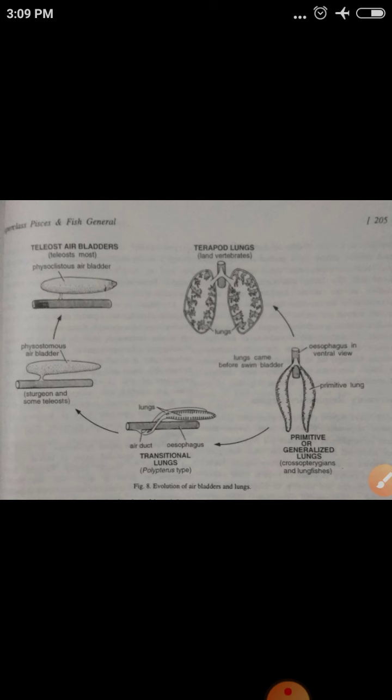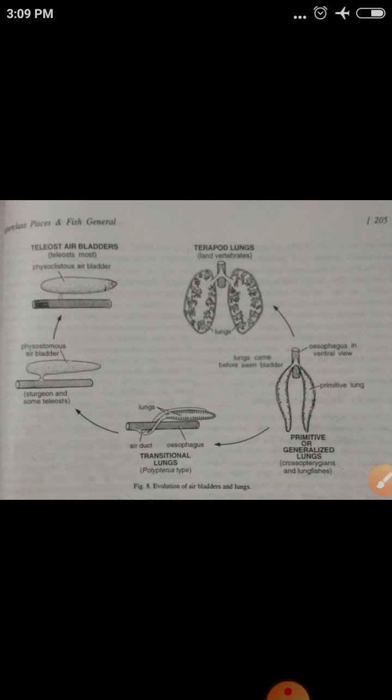This leads to the previous view that both are homologous and that the swim bladder was the precursor or forerunner of the lungs of higher forms, but this is not supported by any geological evidence. According to the present view, lungs are more primitive since they are present in the most primitive fishes, dipnoi and crossopterygians, while the swim bladder of the higher fishes, that is teleosts, is a specialized modification of lungs.